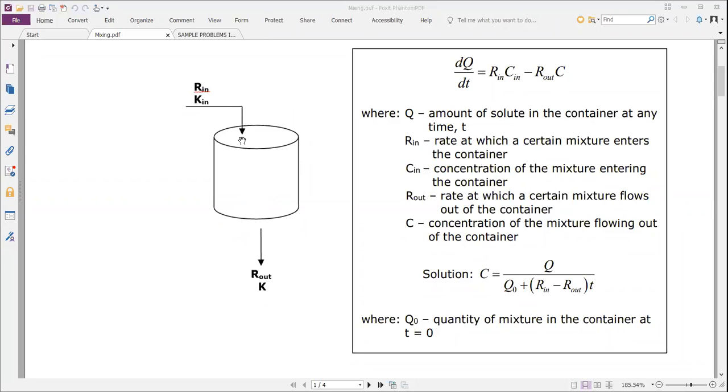The volume of the liquid inside the tank will only be constant when R in and R out are equal. So then you won't have any problem with this second term in the denominator. You will only have the mass of the solid or solute divided by the initial volume of the mixture inside the tank.